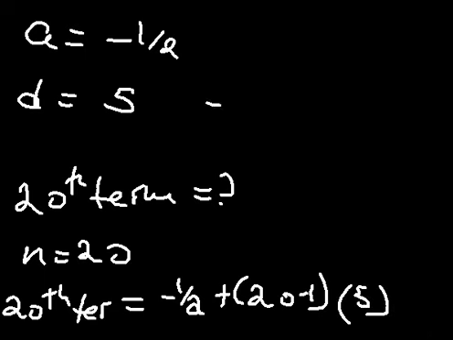So now we'll have it as -half plus 19 times 5. We have 19 times 5, which is 95.